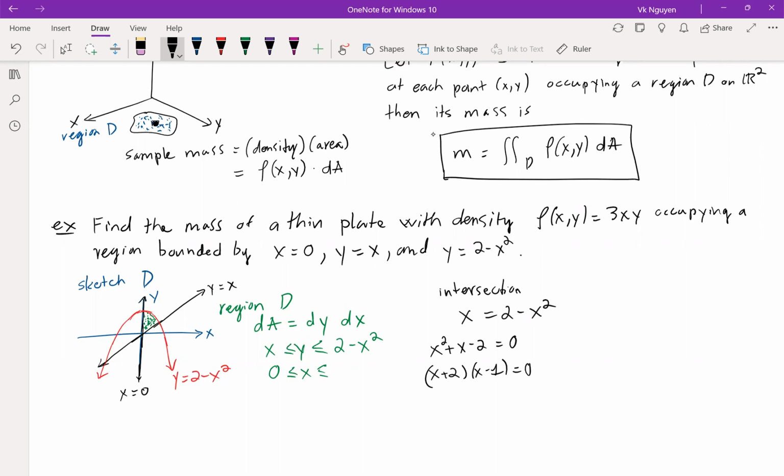Well, we are interested in x equal 1 here, so it's from 0 to 1.